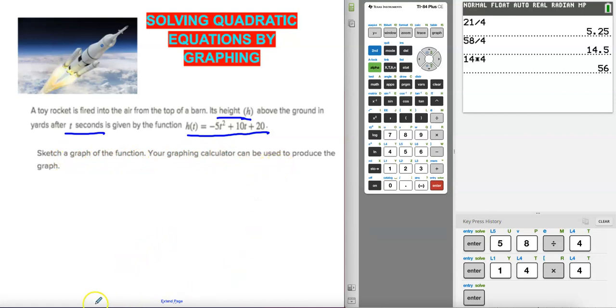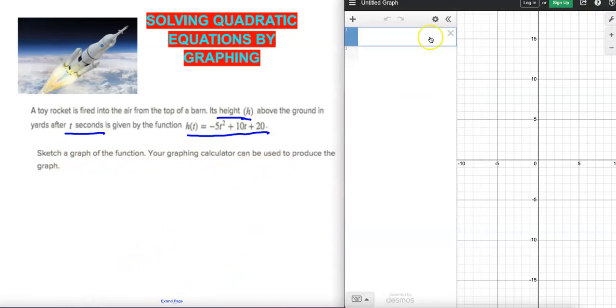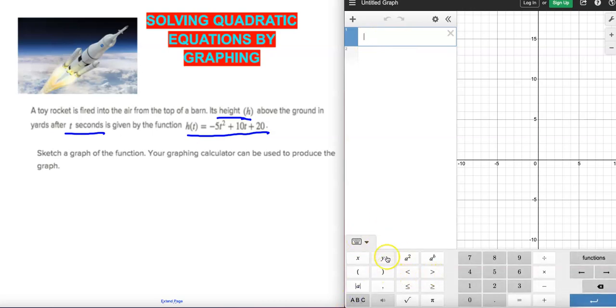All right, we know that it's very easy for us to go to Desmos and sketch these functions. So in Desmos, I'm just going to plug this information in. It says H of T, but instead of putting H of T, I can use just Y. No, I'm going to use what they told us to use.